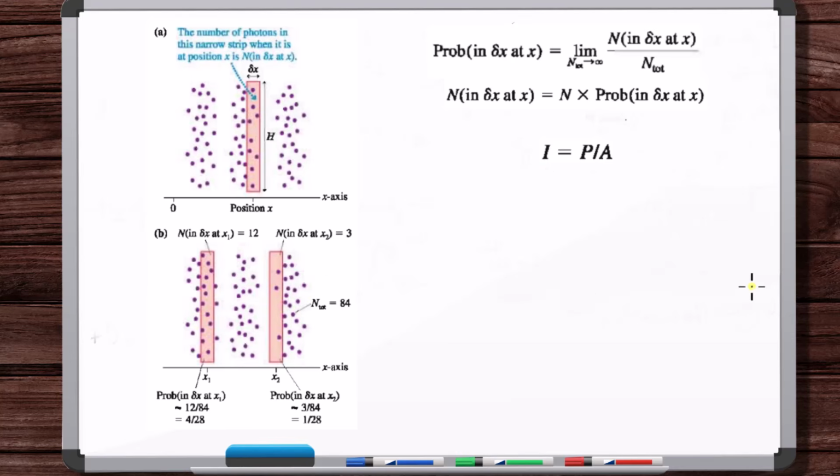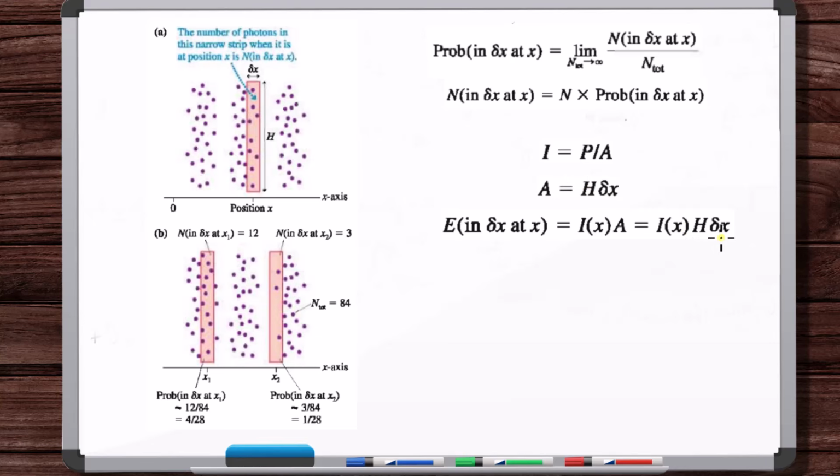Each one of these narrow strips has an area H times delta X. If the light intensity at position X is this I of X, then the amount of light energy falling onto this narrow strip each second is as shown here. The amount of light energy falling onto a narrow strip at position X each second is I of X times A, right? Power, energy per second. We're saying this is each second. I of X times A, substitute this A here, I of X, H delta X.